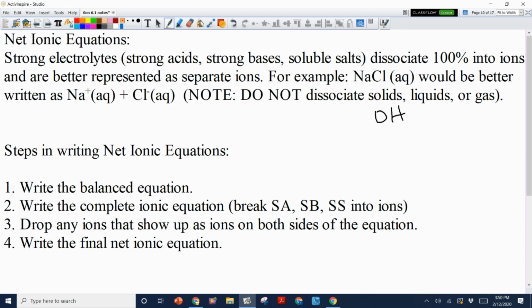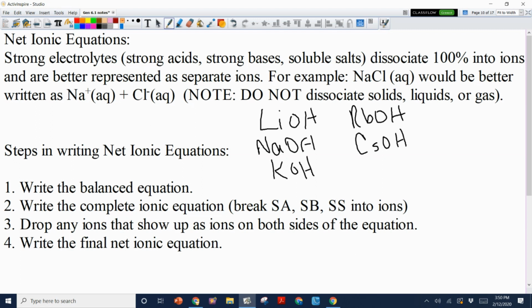So it's going to be, look at your group 1, LiOH, NaOH, KOH, RbOH, CsOH, okay, group 1.